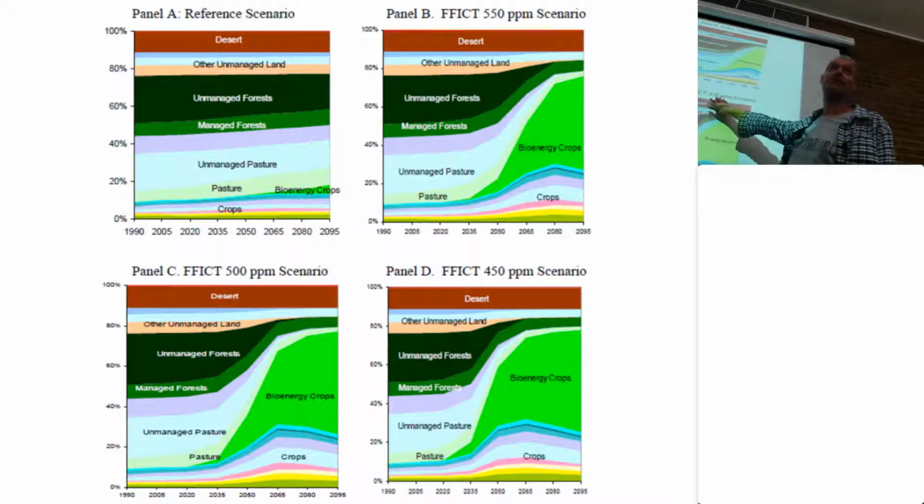And this actually only gets us to the upper end of the targets of the Paris Agreement. And what you see is that one way to get there, maybe the only way to get there, is by sucking CO2 out of the atmosphere and using negative carbon energy. And we talked about that before.